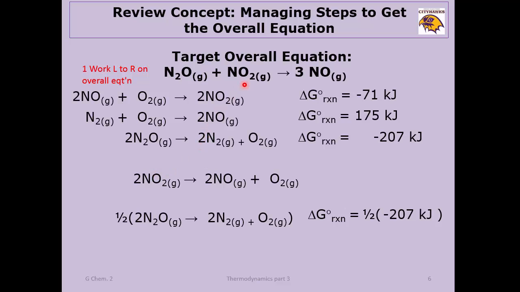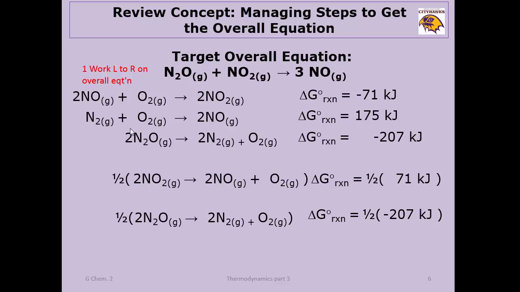It looks like it has too much NO2, but we'll deal with that in a second. The point being, whenever you flip an equation, the thermodynamic parameters just change signs. Now I multiply through by the half to get that to the right place, which means I have to multiply through by the half on the thermodynamic parameter.